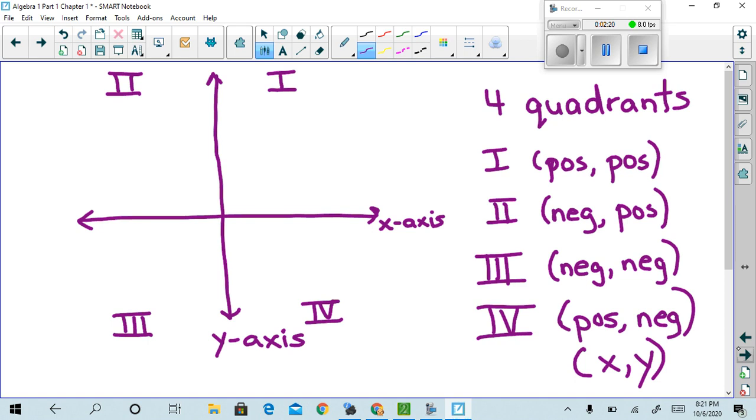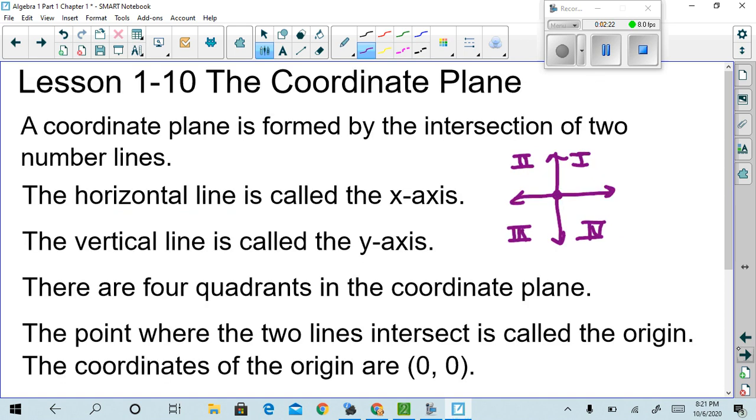Let me give you some background information. The coordinate plane is formed once again by the intersection of 2 number lines. We have that horizontal line, which is our x-axis, and our vertical line, which is our y-axis. There are our 4 quadrants again.